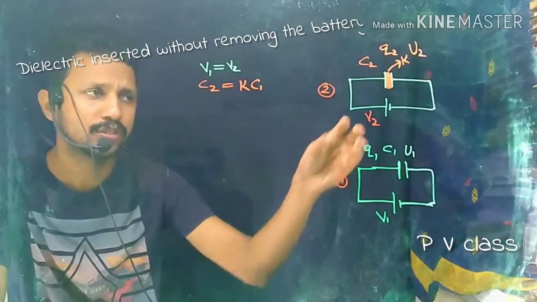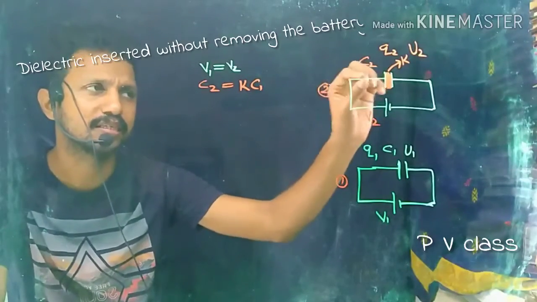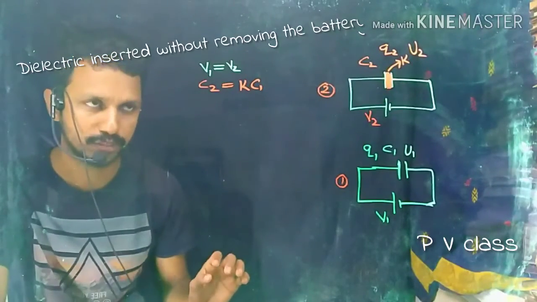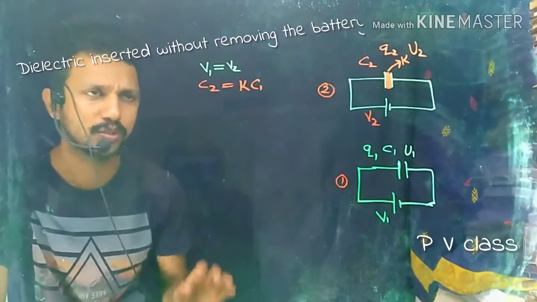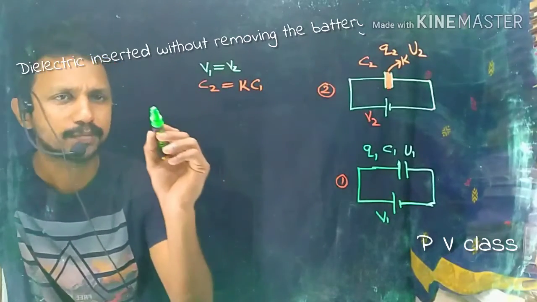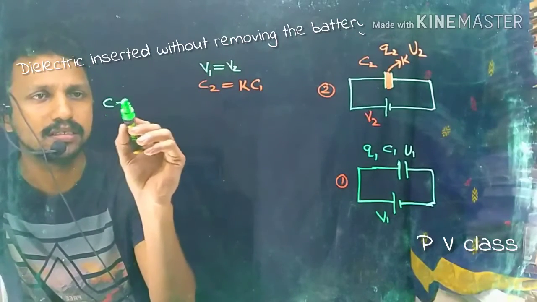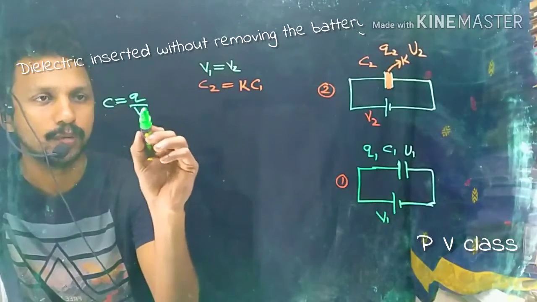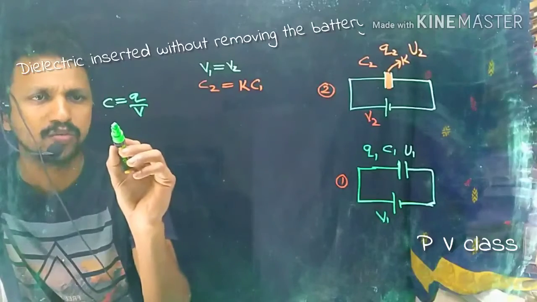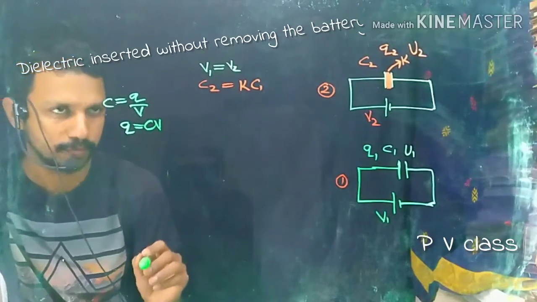It's not because we are retaining the battery, it's because we have inserted a dielectric into the capacitor. Therefore, C2 is equal to KC1. Then let's recall the basic expression for capacitance: C is equal to Q by V, so Q is equal to CV.